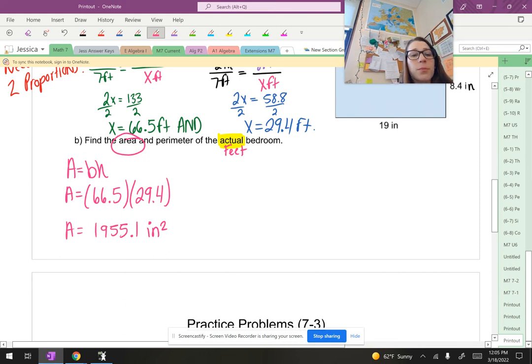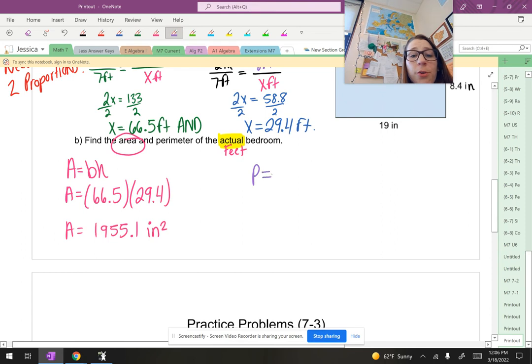There you go. And last but not least, finding that perimeter, or those outside lengths. I have 2 lengths that I'm adding together, or multiplying by 2, and 2 widths.